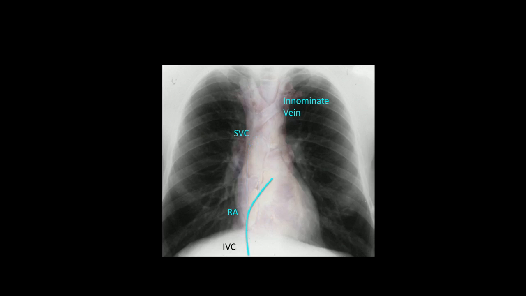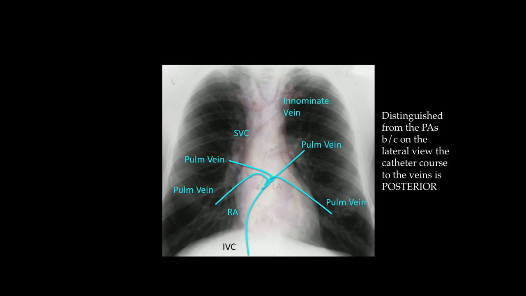So, now what could this be? It's hard to know on a PA only, so you'd have to look at your lateral. So let's say the catheter keeps going and now you're there. Yeah, pulmonary veins, right? So that's what your catheter course would look like.